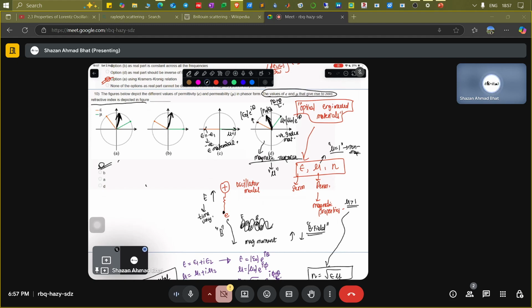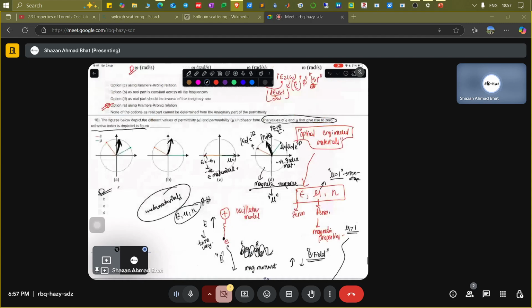So that's the whole area of metamaterials, where you tune the permittivity, permeability, and refractive index in order to design materials which can do things as per your will, because nature does not have everything that can satisfy humans. So humans want to make certain things which can satisfy themselves, so that's why we are inventing metamaterials.